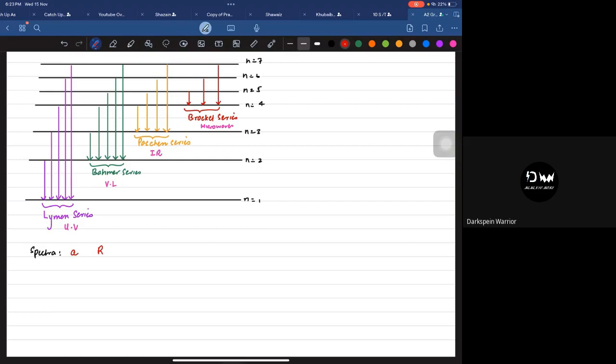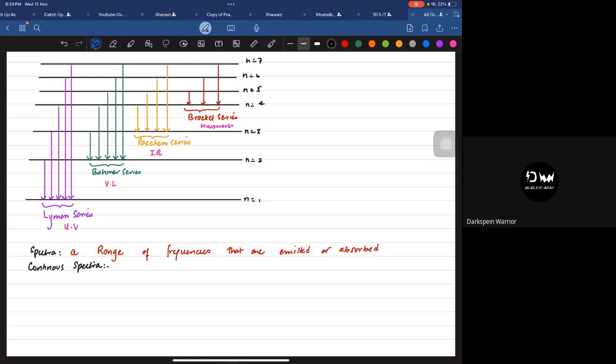Spectra is defined as a range of frequencies that are emitted or absorbed, and then we have continuous spectra, where continuous spectra is an emission spectra that occurs when a material is heated until it is white hot. Okay.